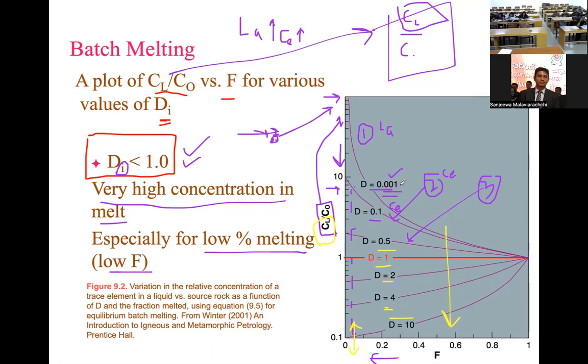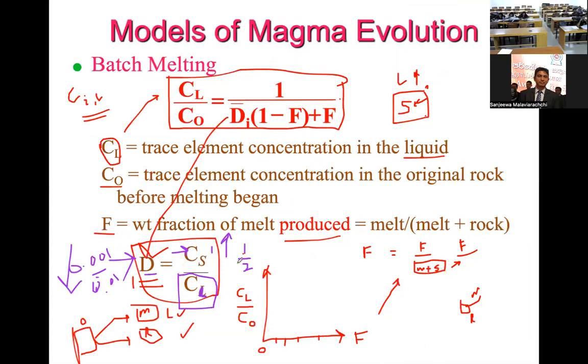Okay, so increasing this way means you are increasing the partition coefficient value. Increasing the partition coefficient value means you are increasing the amount of that particular element going into the solid, right? Because to increase the D, you have to increase the C_S, not C_L.